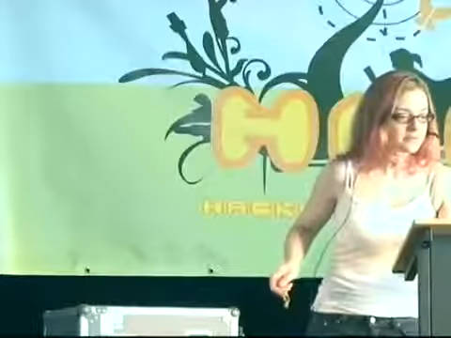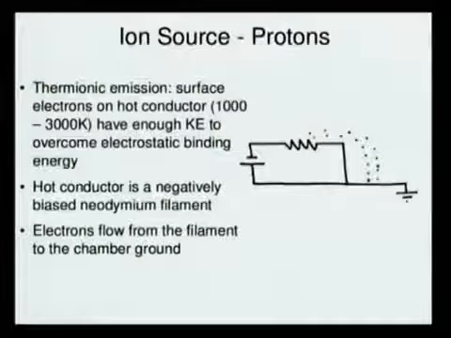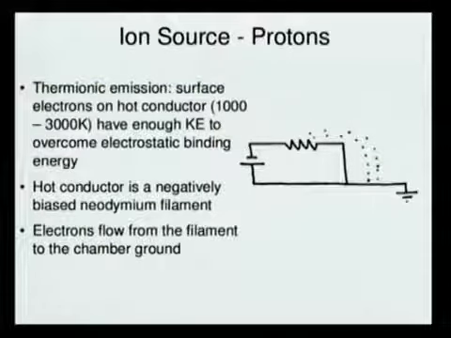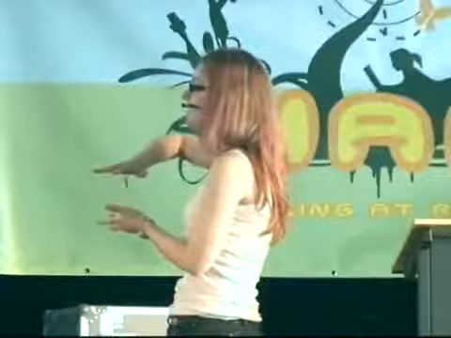You generate the electrons using something called thermionic emission. What thermionic emission is: you have a conductor that's at a high temperature, something like 1,000 to 3,000 Kelvin. They're oscillating very fast, they have mass, so they have kinetic energy, enough to escape from the bonds that are holding them to the surface of the conductor.